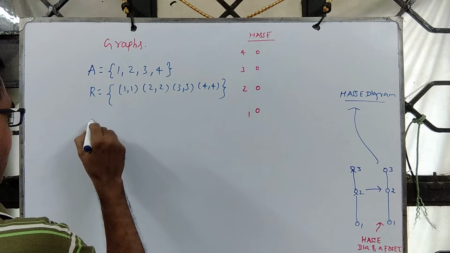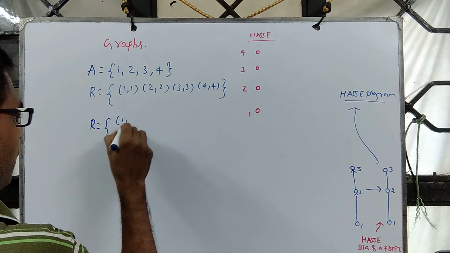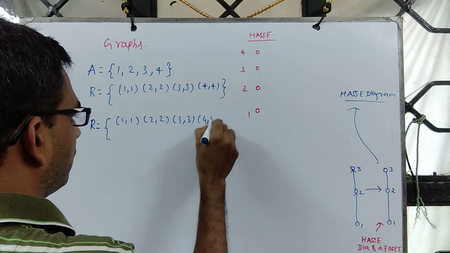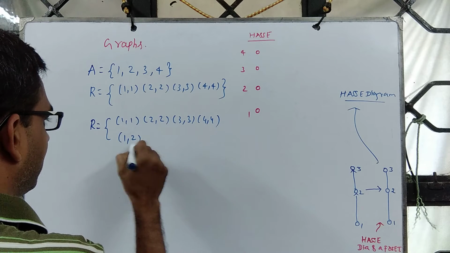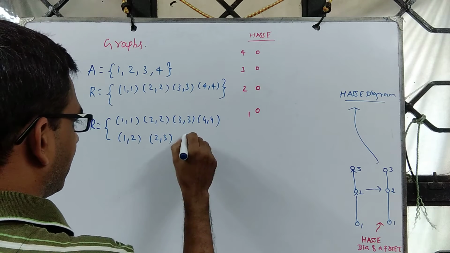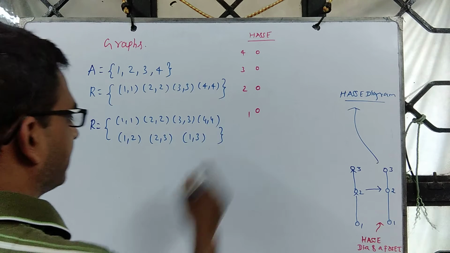So let's look at R to be (1,1), (2,2), (3,3), (4,4), and say (1,2), (2,3), followed by (1,3).